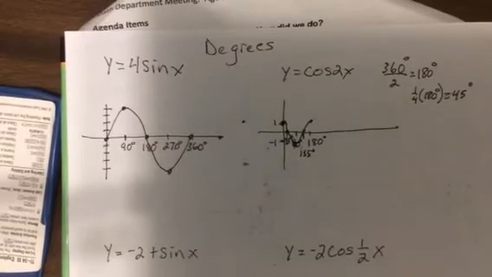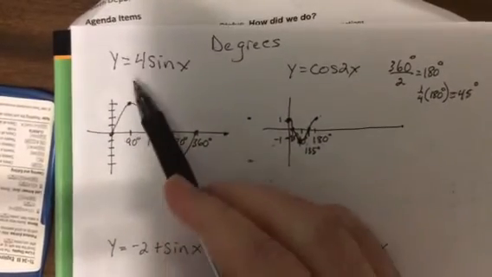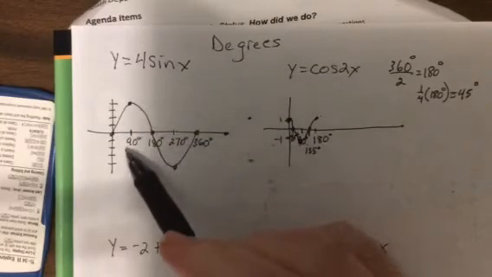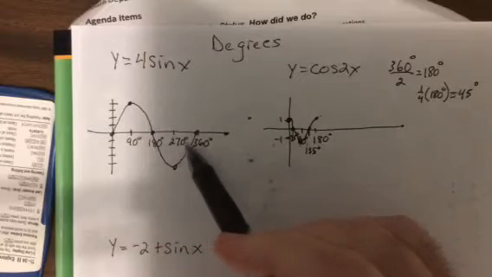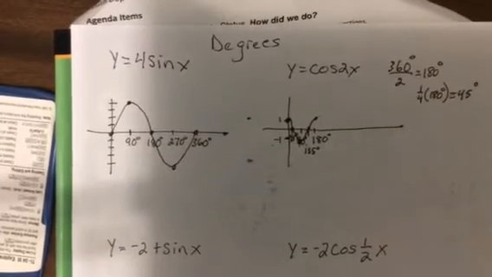Anyways, I want to go over the homework that was due last night. So 4 sine x in degrees. The normal x-axis is 90, 180, 270, 360. It's the quadrantal angles, the axis angles.